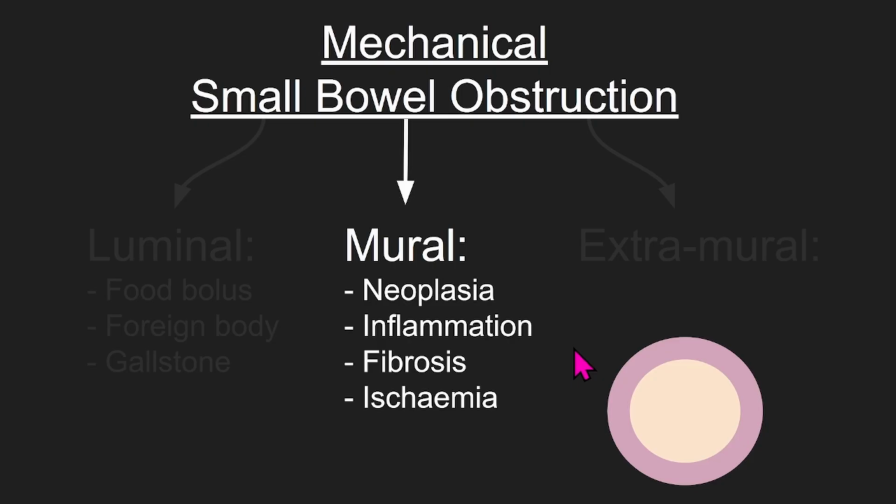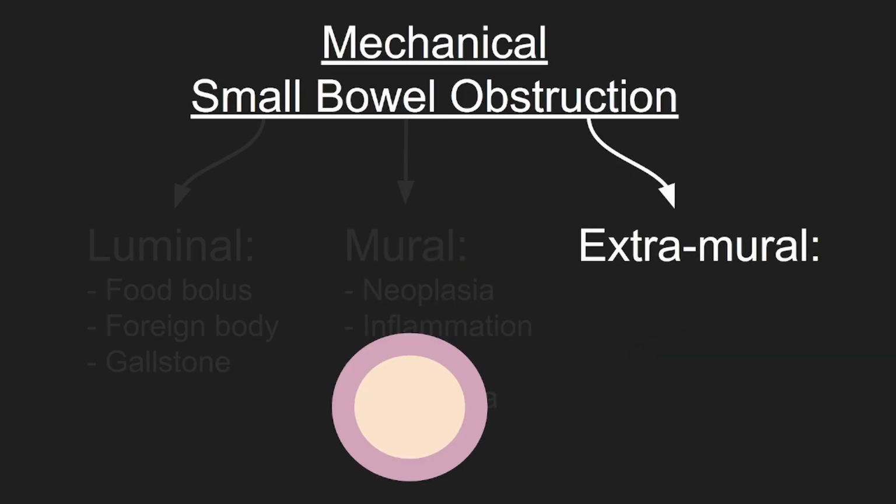So for example, Crohn's disease can cause inflammatory strictures. Fibrosis, so inflammatory strictures can become fibrotic, and then ischemic strictures. So for example, if for some reason your small bowel undergoes ischemia, you can develop ischemic strictures, which can also cause small bowel obstruction.